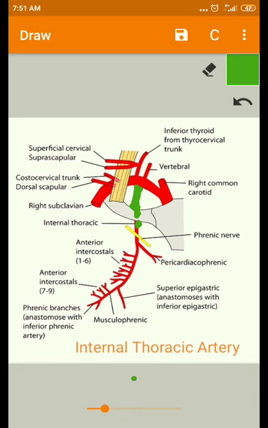Below the first costal cartilage, the artery runs vertically downwards up to its termination in the sixth intercostal space.